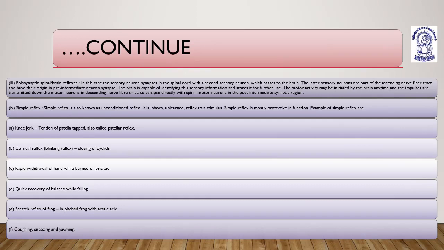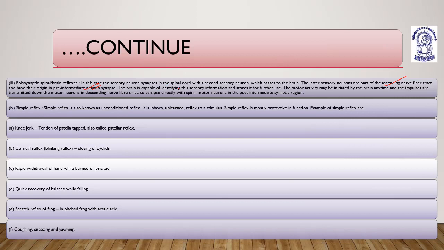Polysynaptic reflex. One of the sensory neurons synapses with the spinal cord, and the other sensory neuron passes to the brain. The latter sensory neurons are part of the ascending nerve fiber tract and have their own intermediate neuron synapse.